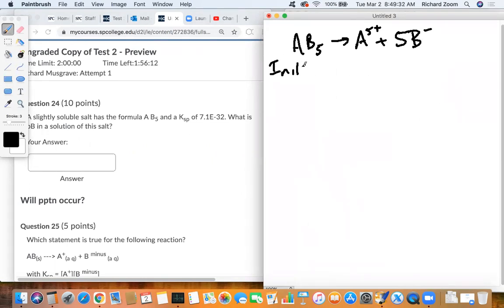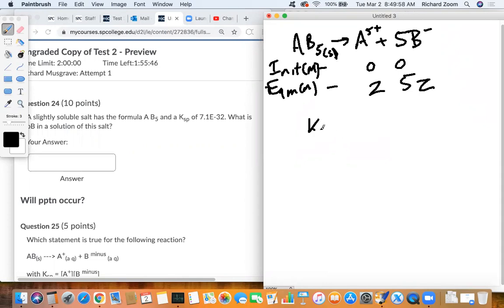So initially, that's a solid. There's no molarity on the solid. And we'll have 0 and 0 on the ions. And then there's no molarity at equilibrium for the solid either. But this will be Z and this will be 5Z.